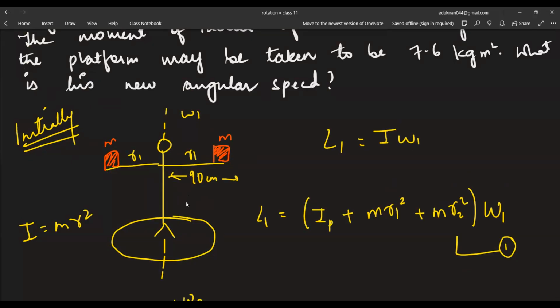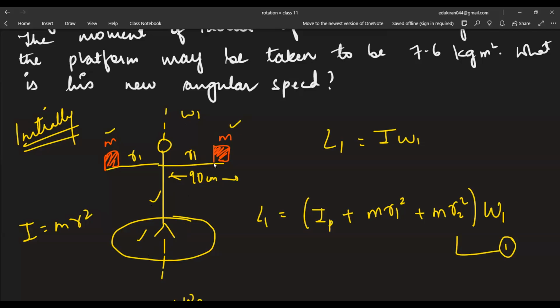What will be the moment of inertia? Moment of inertia of man, of this mass, of platform, of this mass. But in the question, we already know that 7.6 kg meter square is given for the moment of inertia of man plus platform. So two things are covered, man and platform. What all are left? These two blocks.